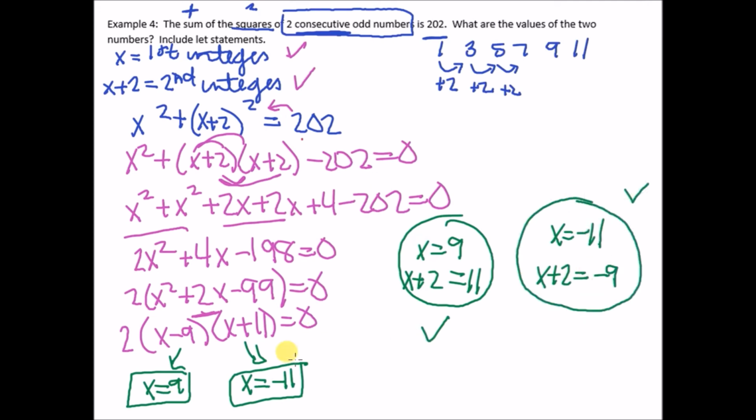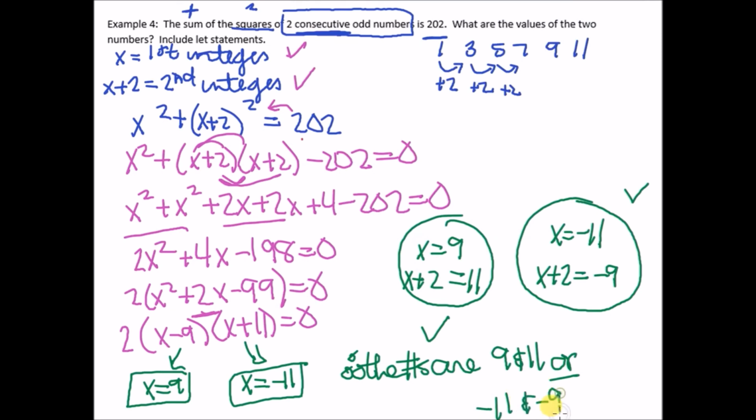That also works. So there's two different situations. Okay, so therefore, the numbers are 9 and 11, or negative 11 and negative 9.